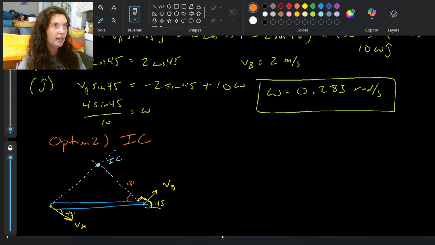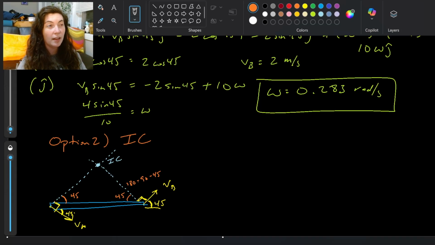So that's 180 minus 90 minus 45, which is just 45. And I know VA makes a 90-degree angle here, and this portion is 45 degrees, which means that this portion right here also has to be 45 degrees.